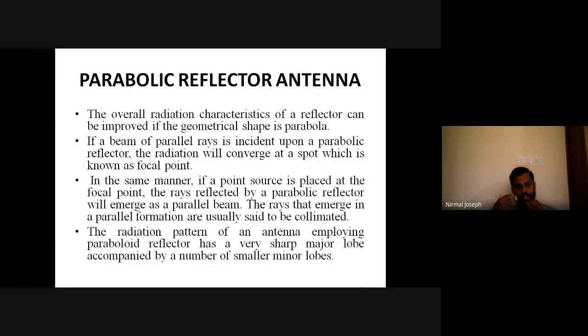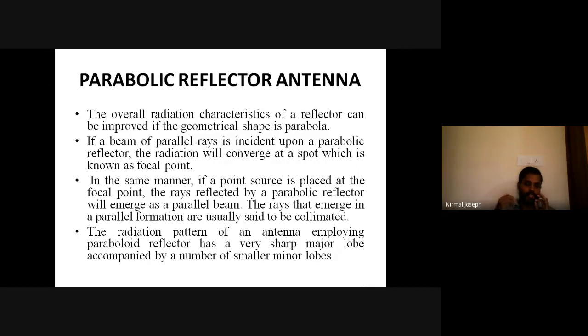In the same manner, if a point source is placed at the focal point of the parabola, what will happen? The point source will radiate electromagnetic radiation. Those rays will be incident upon the parabola, and the parabola will reflect them into parallel waves.